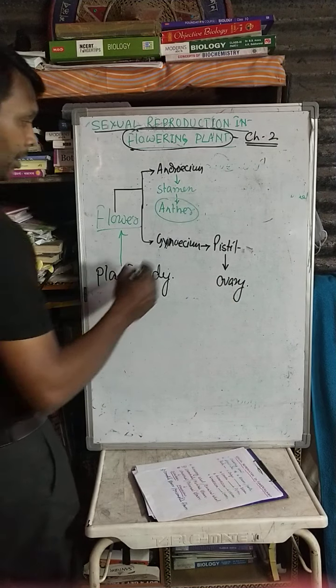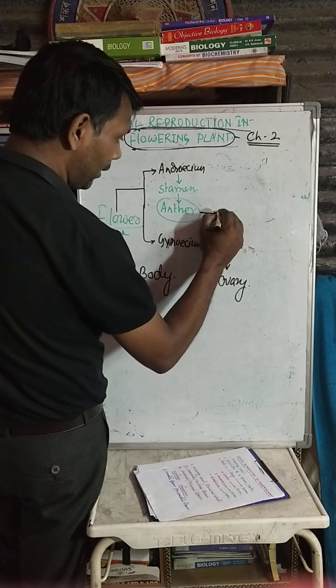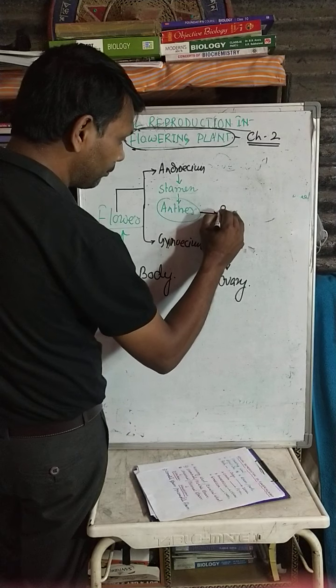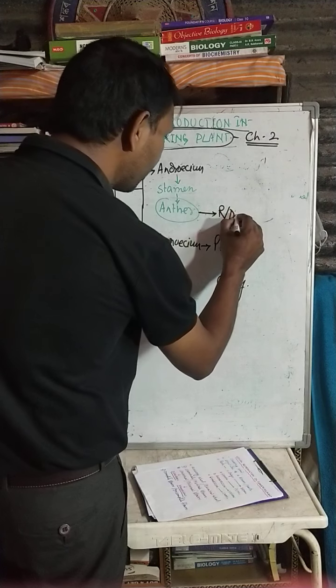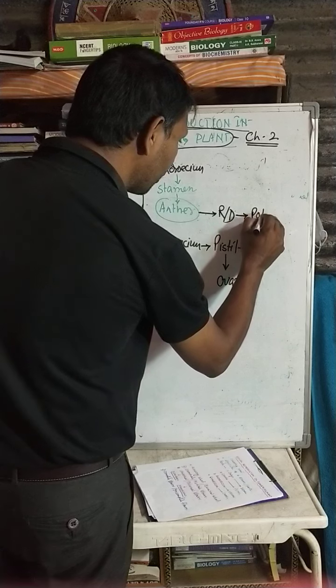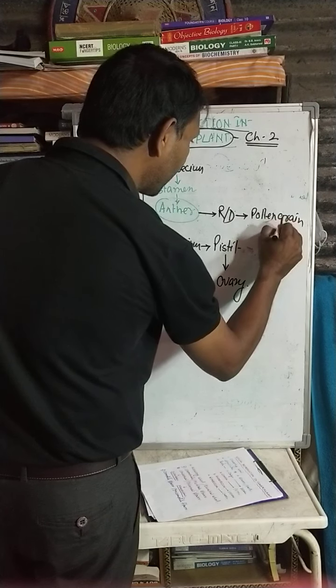Okay, now within the entire microsporangium, as a result of reduction division, pollen grains are formed.